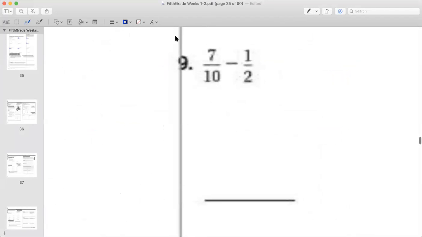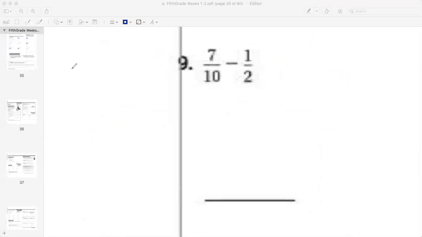Okay, so we have 10 and 2. So if I list multiples of 10, and actually, let me try this. This might make it easier for you to see too. So if I have 10 and I have 2, and I need to list multiples, this would be 10, 20, 30, 40.